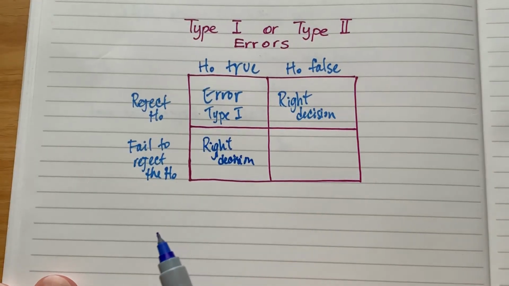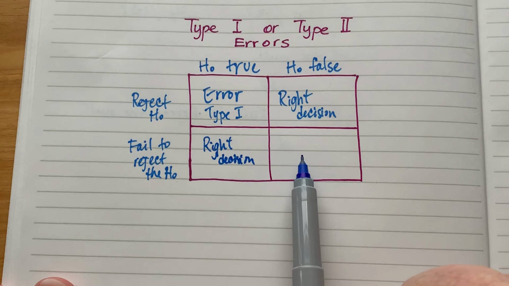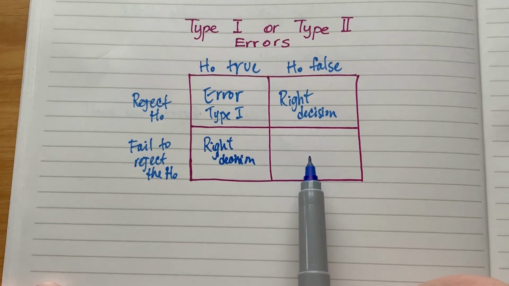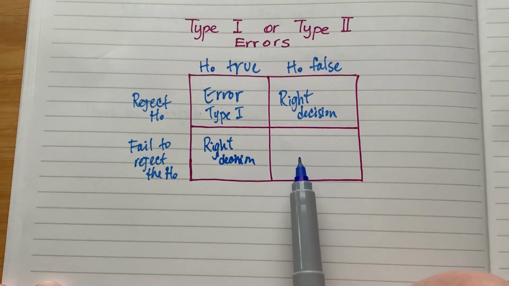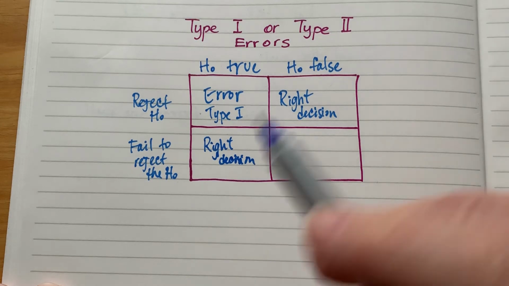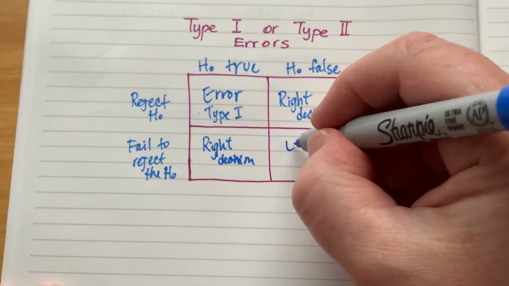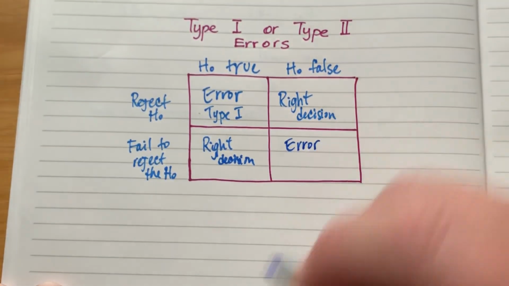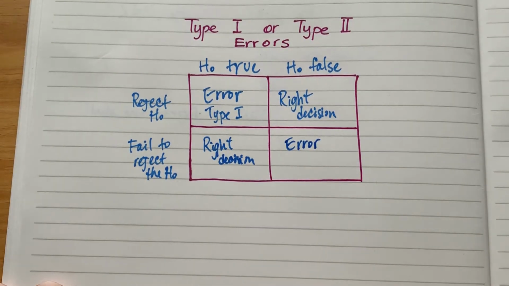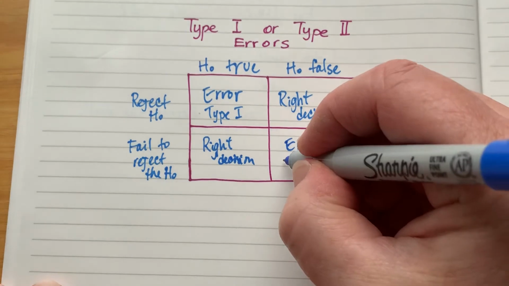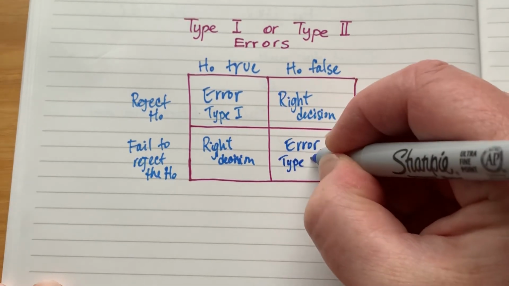But if the null was false and I did not reject it, if I fail to reject due to variability, then this is a mistake. Again, this is an error. It's a mistake I made, and it happens with variability. That does happen, and this we're going to call the type 2 error.